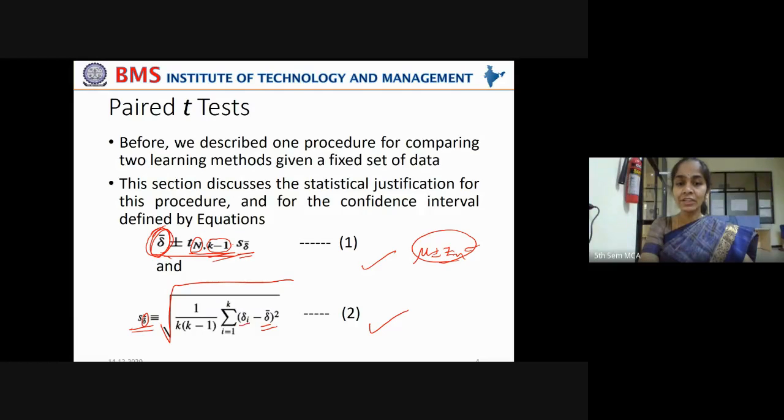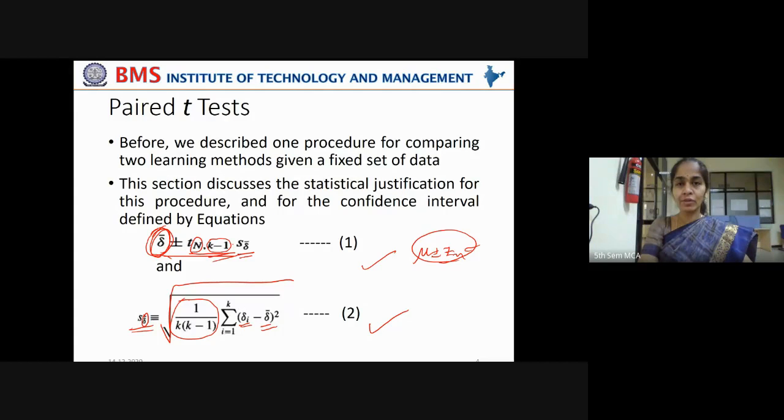In each iteration, what is the error encountered? From that you subtract the mean error, square it, sum it up for how many values? You made k partitions, right? So i equal to 1 to k, sum up all the deviations in the errors from the mean error multiplied by, what is this term?